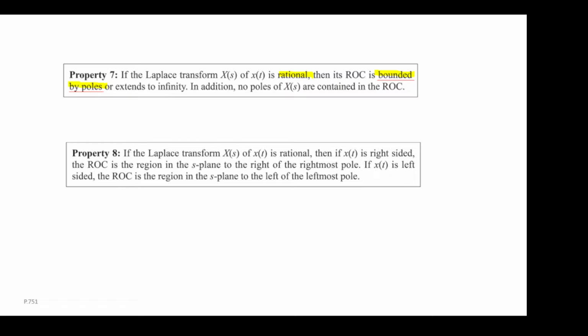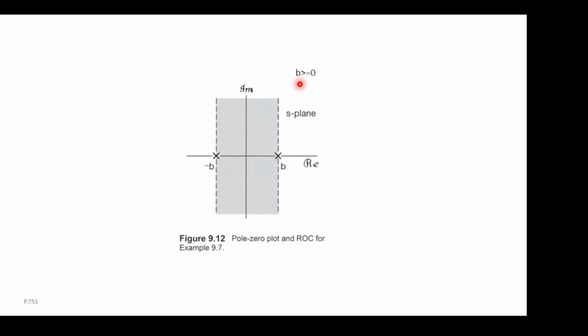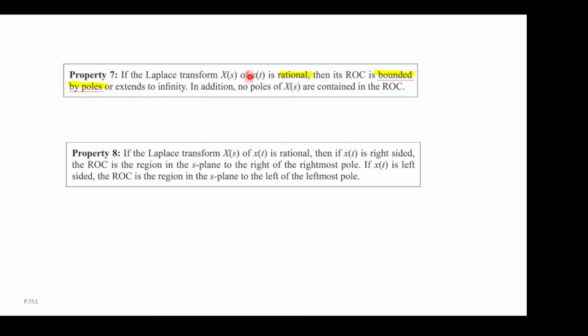So the boundary of a strip, you probably already see from the examples, but this is also a property. Those boundaries of the strips are always bounded by the poles, just like here, right? And this is actually true for any rational X Laplace transform.